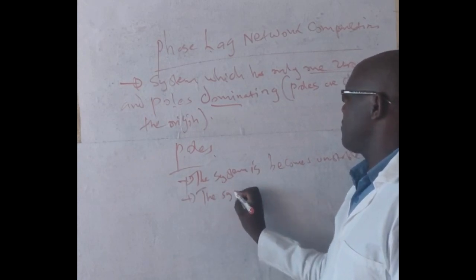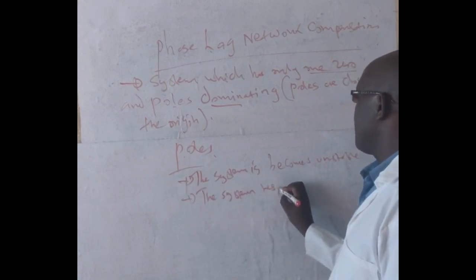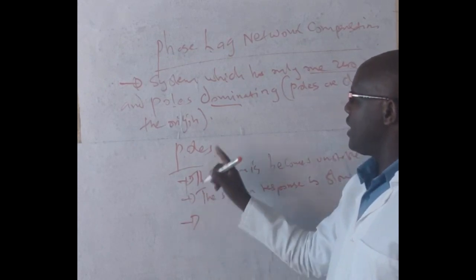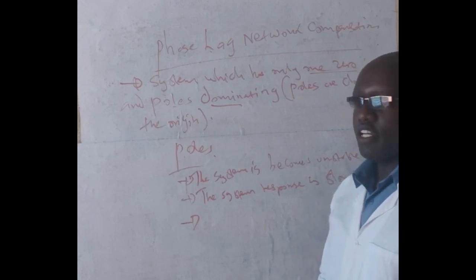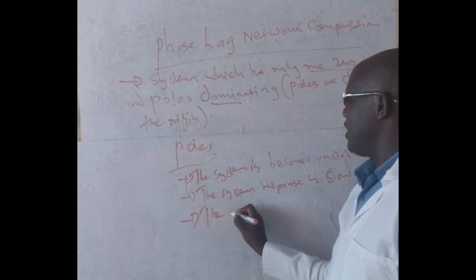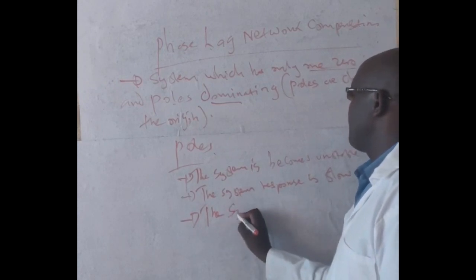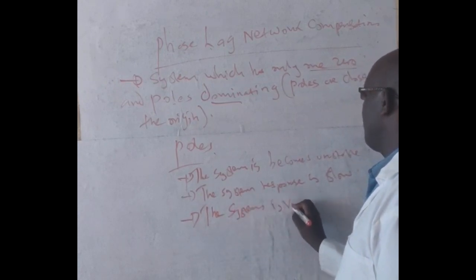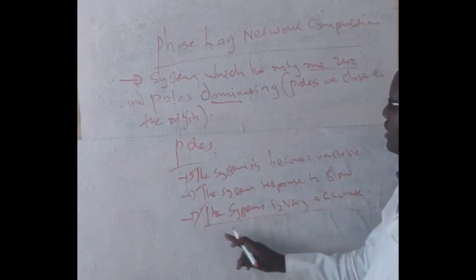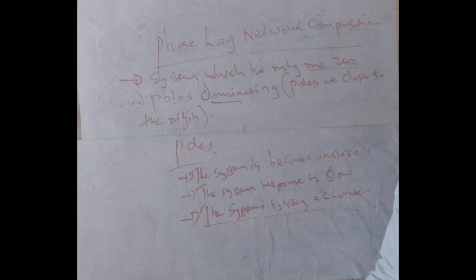The system response is slow, but the pole has one very useful feature, and that is the system is very accurate. So this uniqueness of the system with the pole is what makes it to be used in compensating networks.